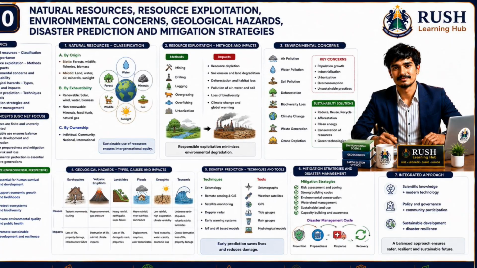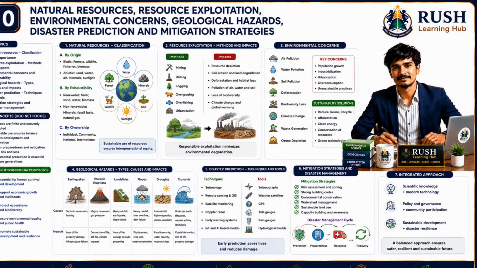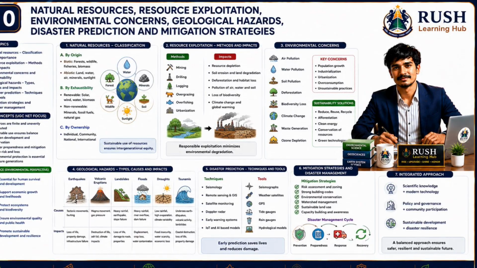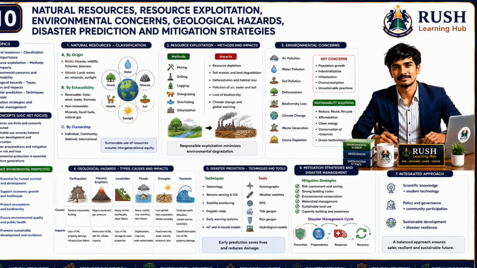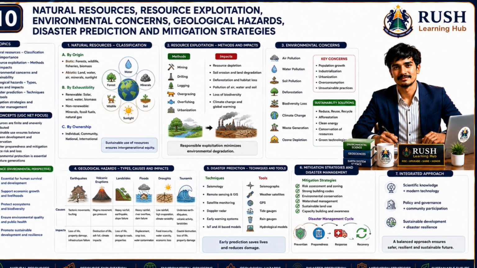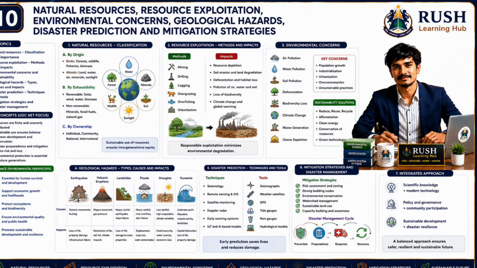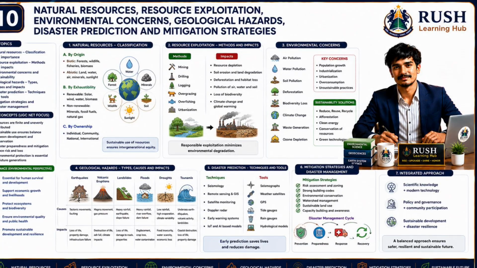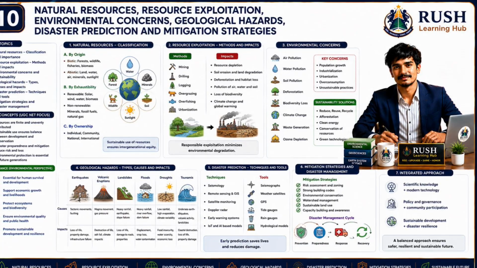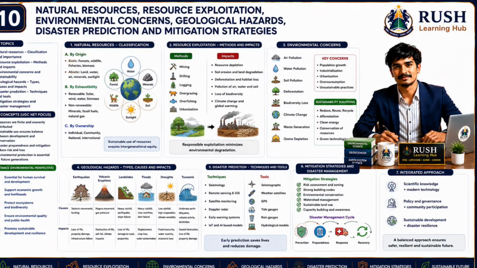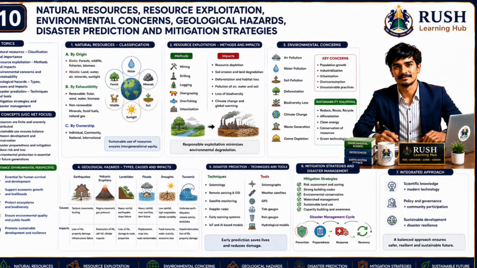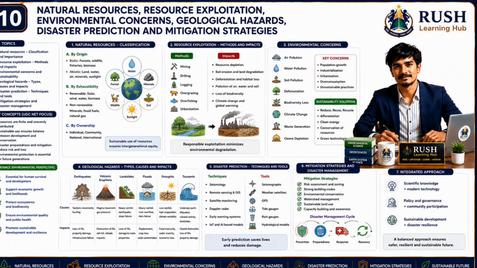Although resource exploitation contributes to economic growth, excessive and unscientific utilization causes serious environmental problems. Mining activities lead to land degradation, habitat destruction, deforestation, and soil erosion. Combustion of fossil fuels releases greenhouse gases and contributes to global warming and climate change.